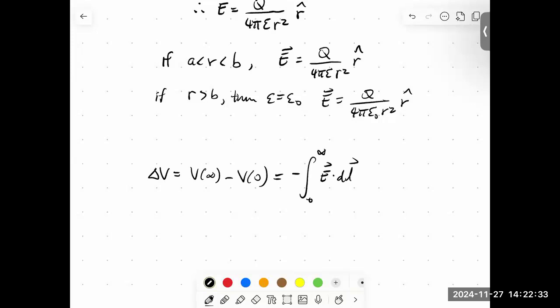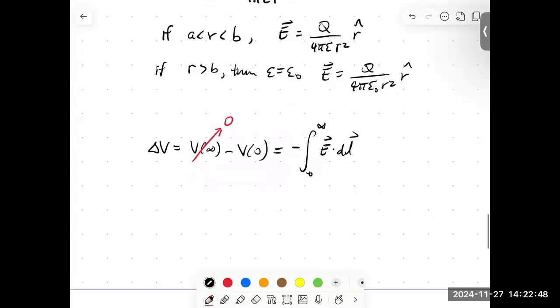By convention, we usually say the potential at infinity is zero unless our charged object happens to extend out to infinity. It doesn't in this case, so we'll call this zero. And so therefore V0 is equal to the integral from 0 to infinity of E dot dl.